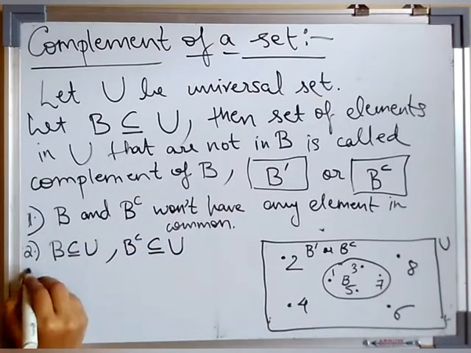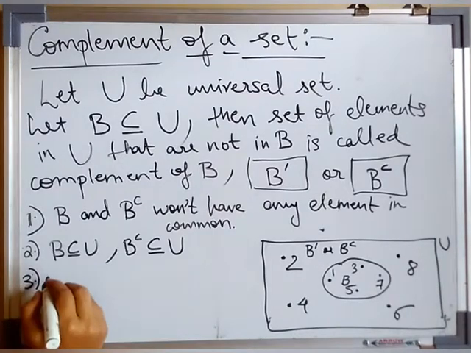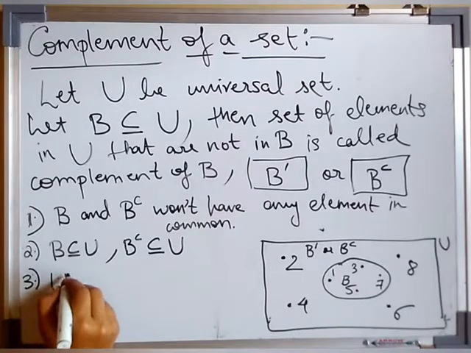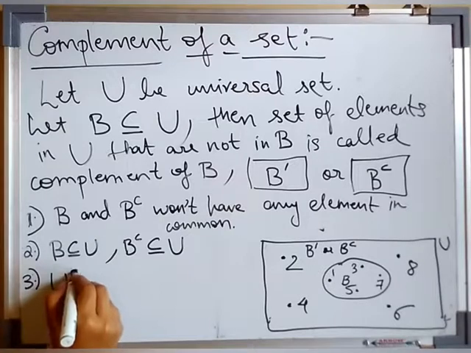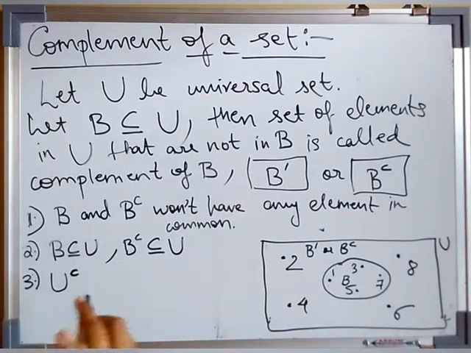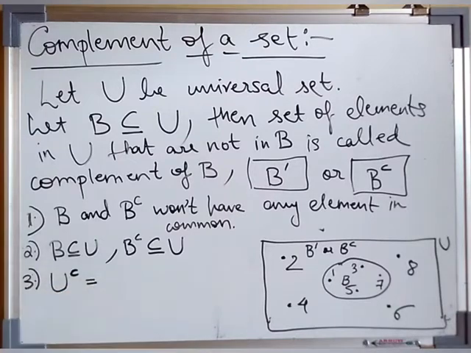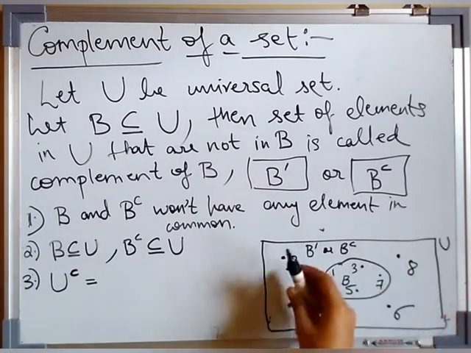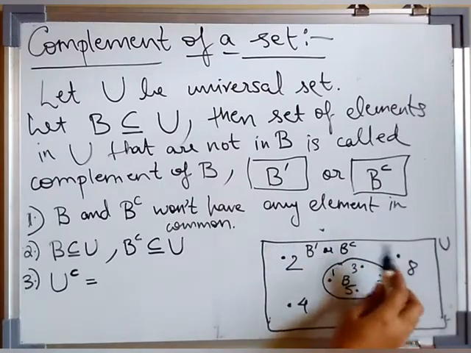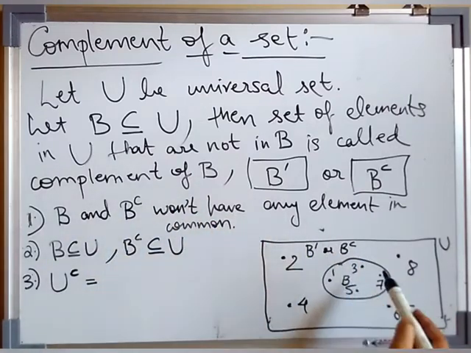The third property: we'll see what the complement of the universal set itself is. U complement is equal to what? Suppose this whole thing is the universal set, that is 1, 2, 3, 4, 5, 6, 7, 8, the first 8 natural numbers.